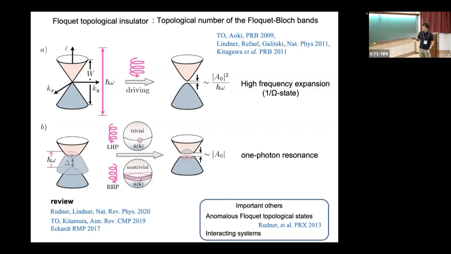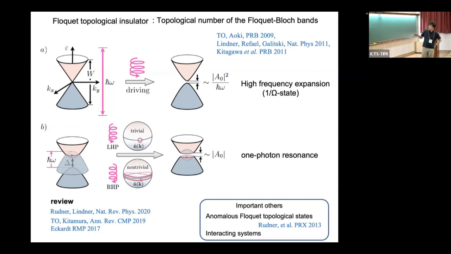One example: if I start from a Dirac system and consider the small omega limit, sorry, it's opposite, the large omega limit, and I focus on the low energy region, around here, you can have a high-frequency effective Hamiltonian, and you can open a gap in a 2D Dirac system and turn it into a two-dimensional Chern insulator.